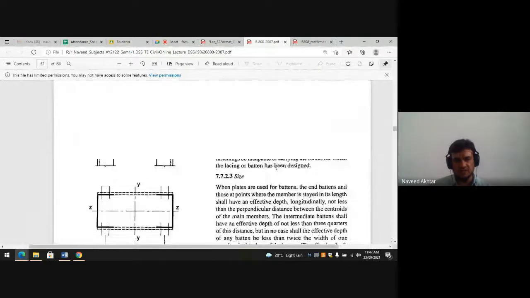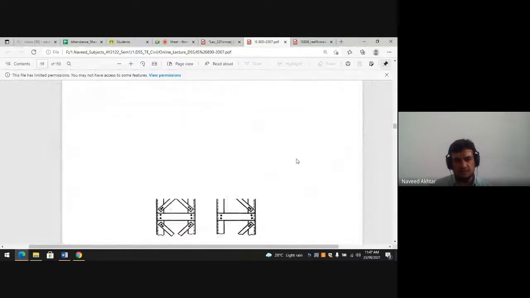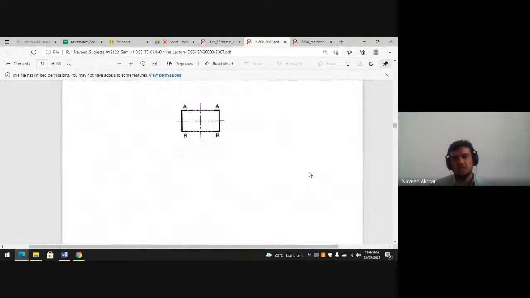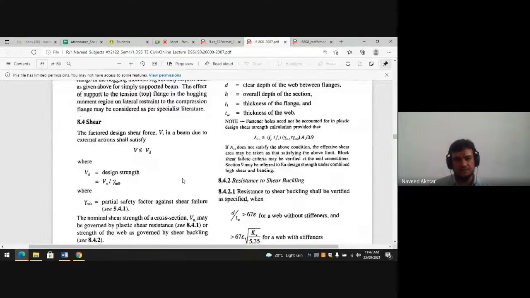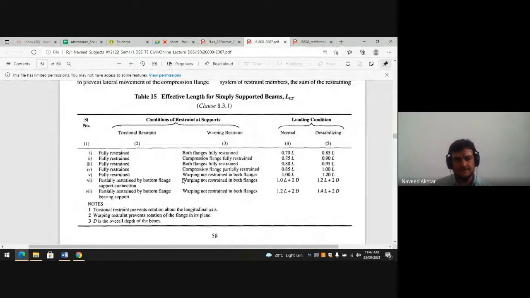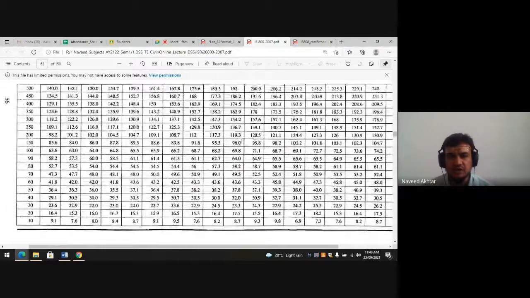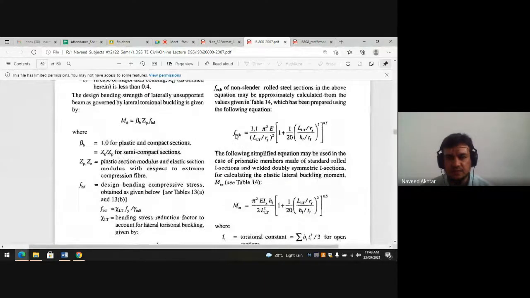Yes, LLT is given in Table number 15, the effective length of simply supported beams for LLT. So you can find LLT from here, put all these values in the empirical equation, and you can get the FCRB value.